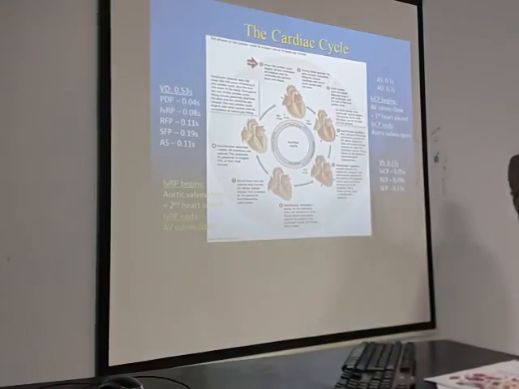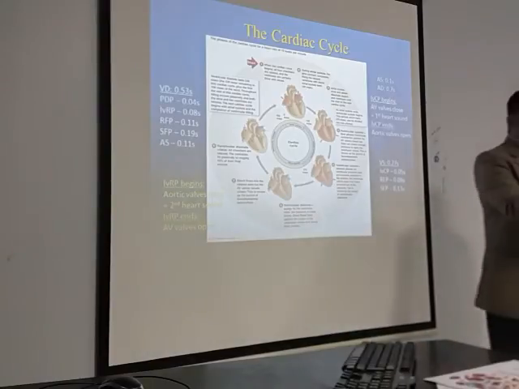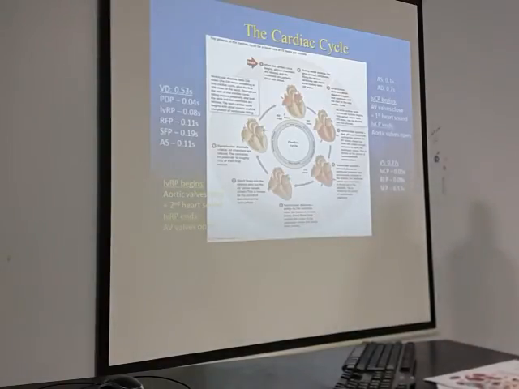What are the different phases of ventricular systole I gave you in the previous slide? Three phases. Actually, there are two phases you can say. One is the isovolumic contraction phase, and another is the filling phase.